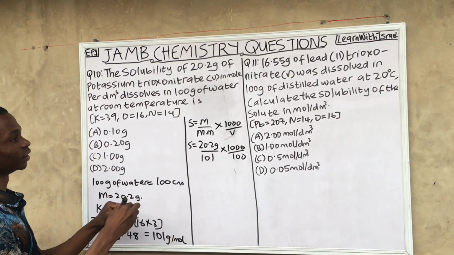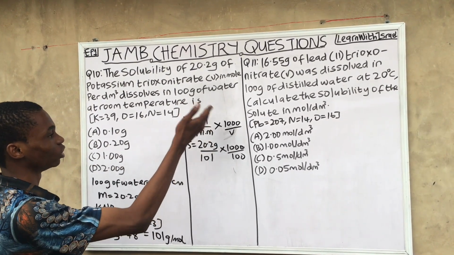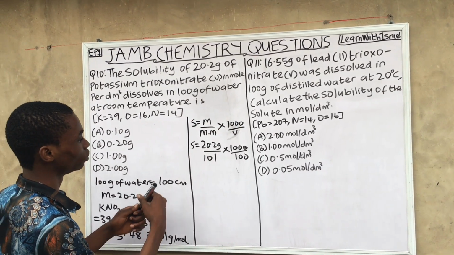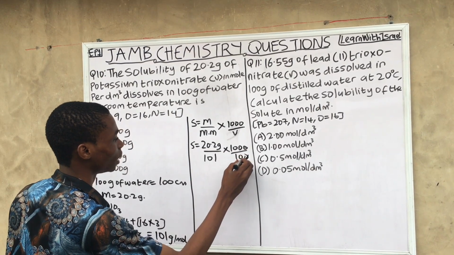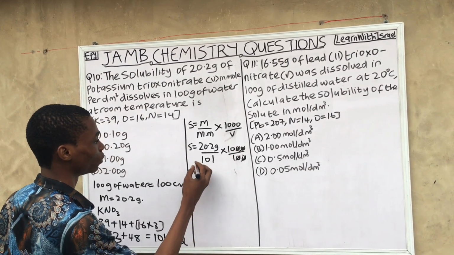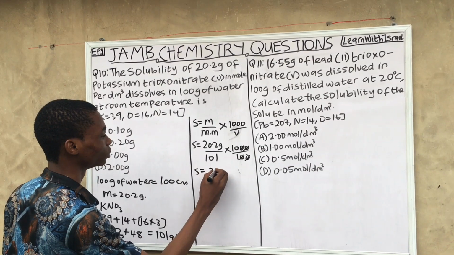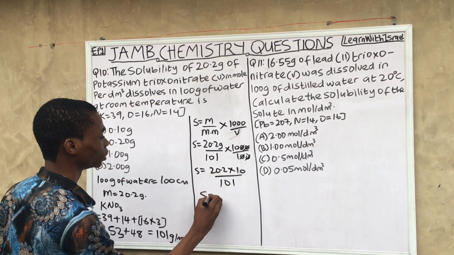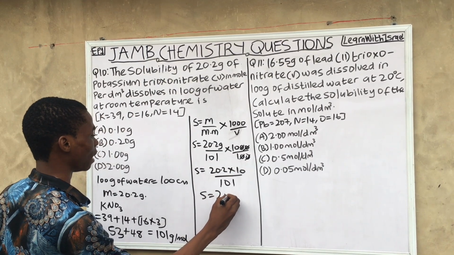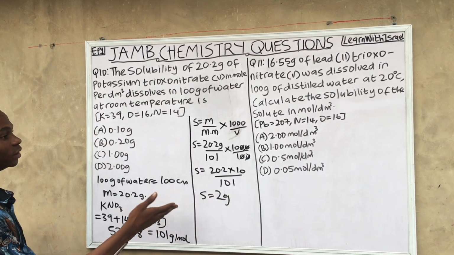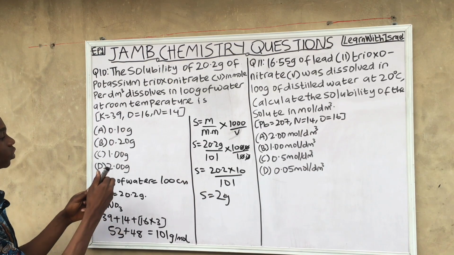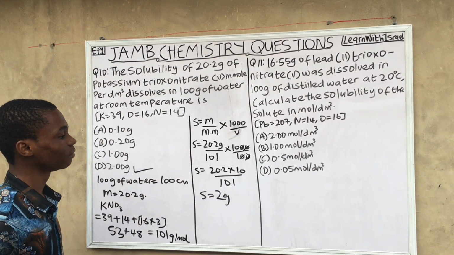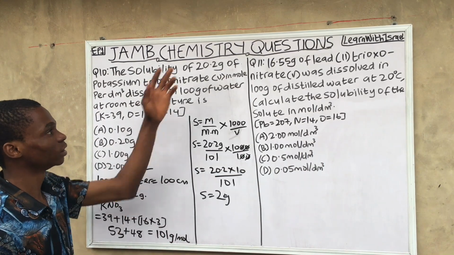So when solving solubility, this is the formula: mass over molar mass multiplied by 1000 over volume. Let's cut this. 0 cancels 0, 0 also cancels 0. So we are now left with 20.2 multiplied by 10 over 101, which will give us 2. So our solubility equals 2. So option D is the correct answer. You can check it on your calculator. 2 is the correct answer. Let's move to question 11.